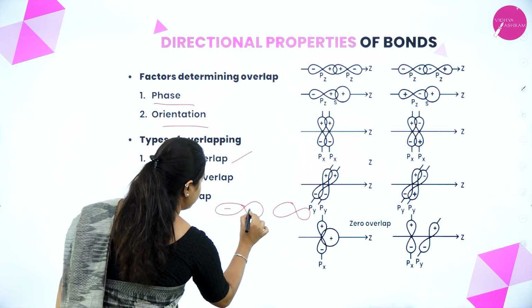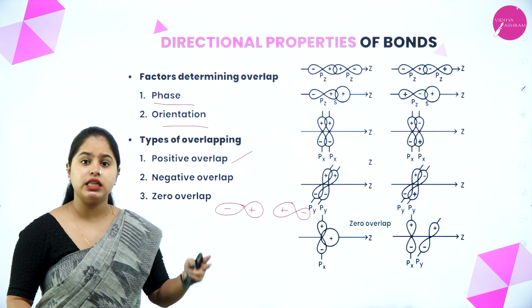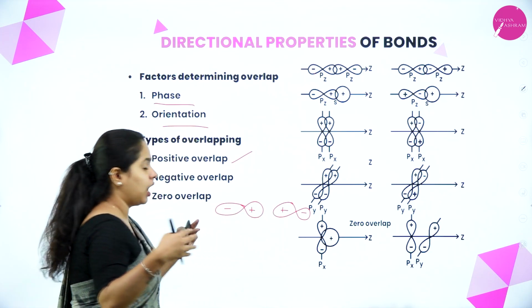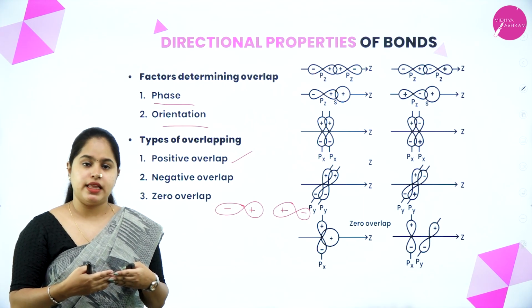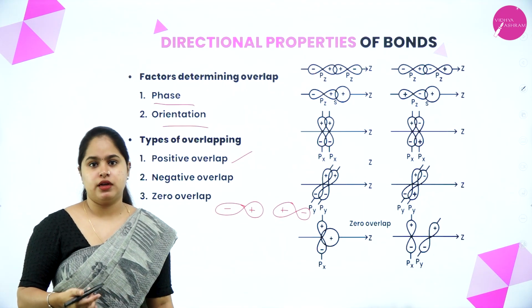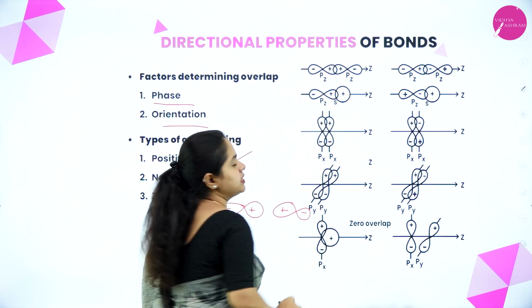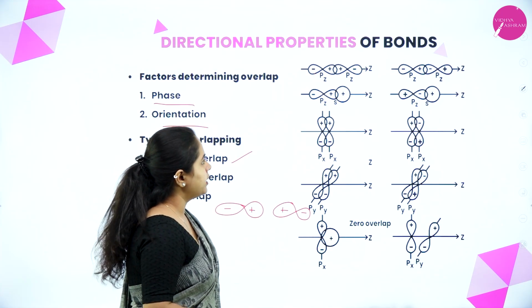As you can see, minus, plus and plus, minus, this plus and minus is showing the phase of the orbital. So if plus and plus are overlapping, that means the same phase is overlapping, that means a positive overlap is obtained. So as you can see here, they are in the same phase. So this is an example of positive overlap.